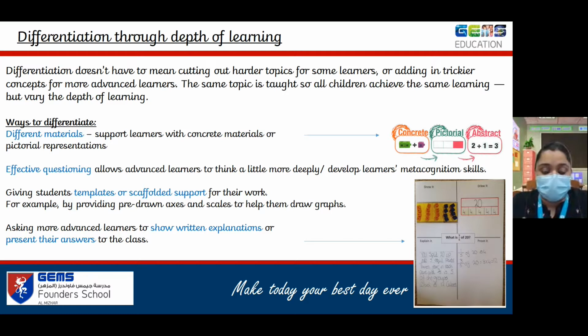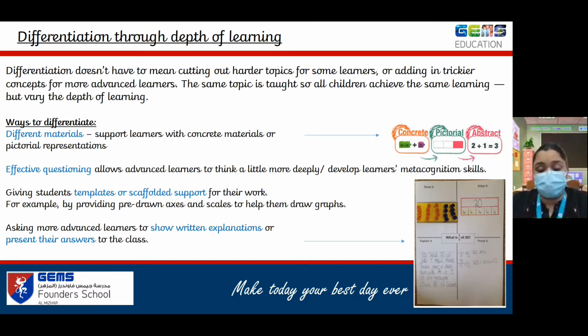For example, a teacher can choose to differentiate within the materials, so the children receive the support of different concrete materials that they can use to understand the topic better.